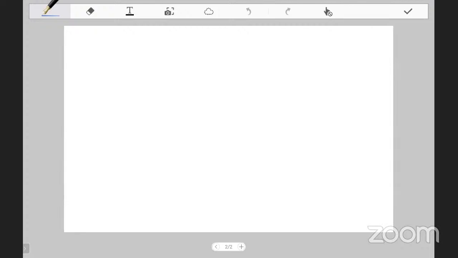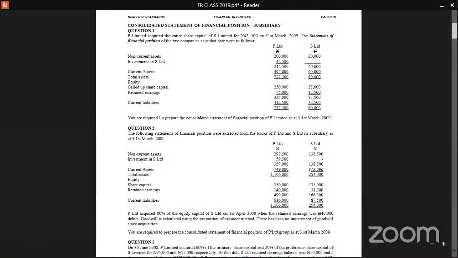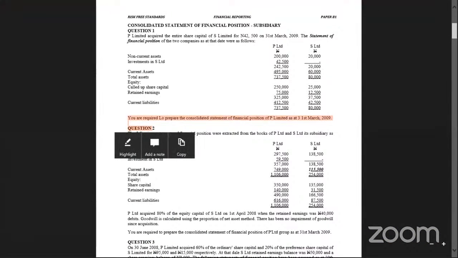We are solving question number 1. Question number 1 is saying you are required to prepare the statement of financial position as at that date, which is 31st March. Now, I'll go to my solution page.